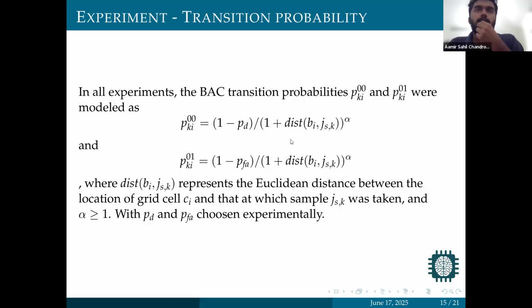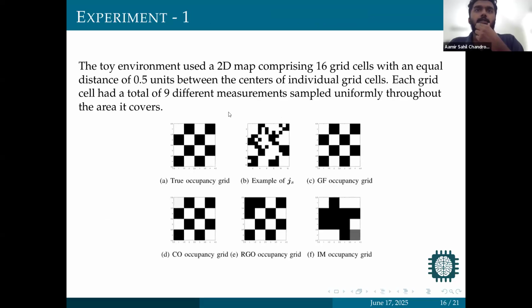Okay, so with these two models, this is one of the toy examples. The first one is the actual map of the environment, and this is sampled into these JS. So each point can either flip or stay the same.